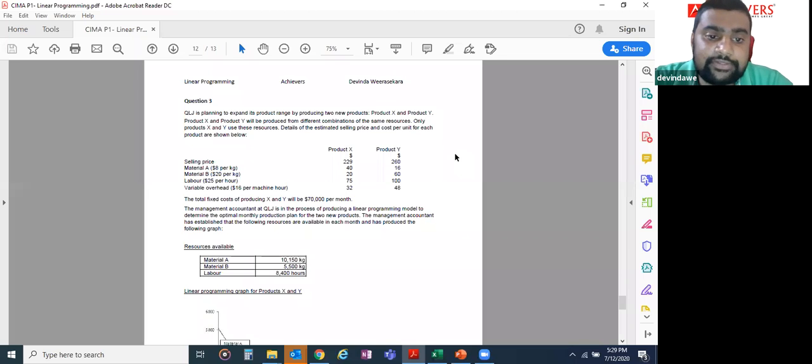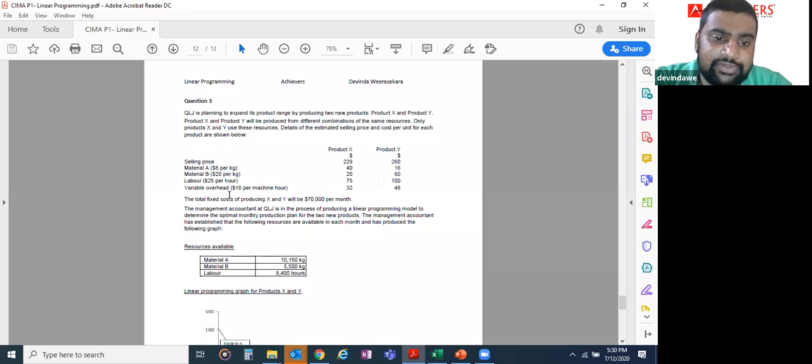So selling price, material A, $8 per kilo. So these are the cost details: material B, labor, and variable overheads, right? So this is the cost, right? 40, 20, 75, 32, and they have given the rate per hour or rate per kilo as well, right?